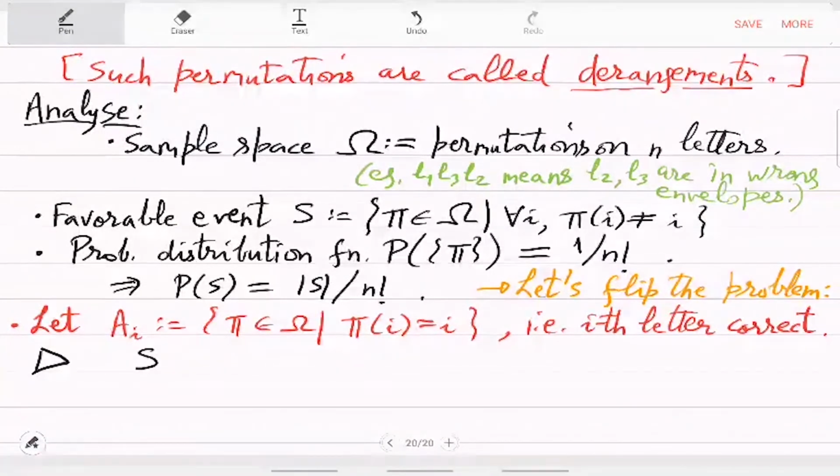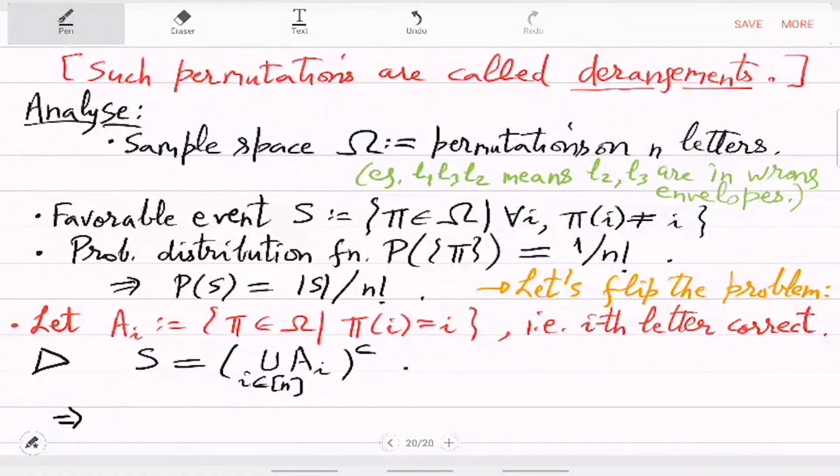So, now what is S in terms of A_i? Look at the union of A_i, which means that at least some letter is correct, and take the complement, which means that all the letters are incorrect. So now we start getting ideas. Probability of S gets related to probability of the union, and on the probability of the union we'll do inclusion-exclusion.